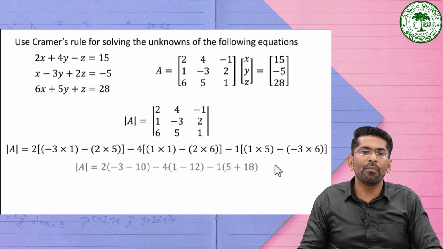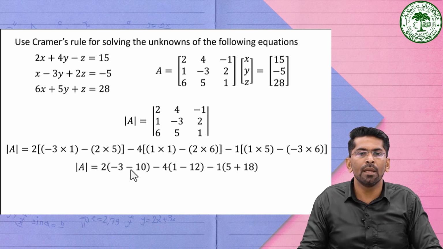If you go for simplifying it, then it is 2 into minus 3 into 1, which is equal to minus 3, minus 2 into 5, which is equal to 10, minus 4 into 1 into 1, which is equal to 1, minus 2 into 6, which is minus 12. Minus 1 into 5, which is equal to 5, plus, here we have two minuses, so it becomes plus 18.